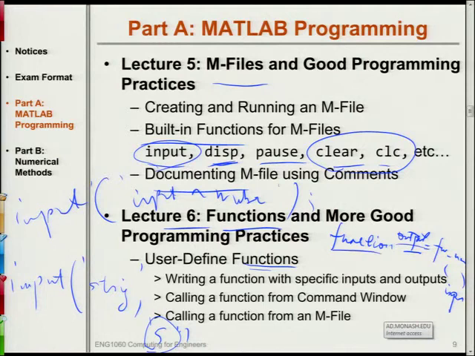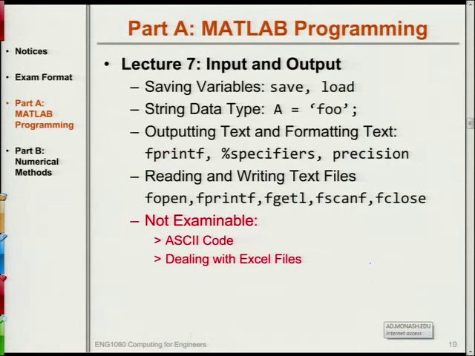This is called a function declaration, the first sentence in your function, followed by assigning output from some computation. This is a basic MATLAB function. So later we talk about the function handle, another type of function that you can use.